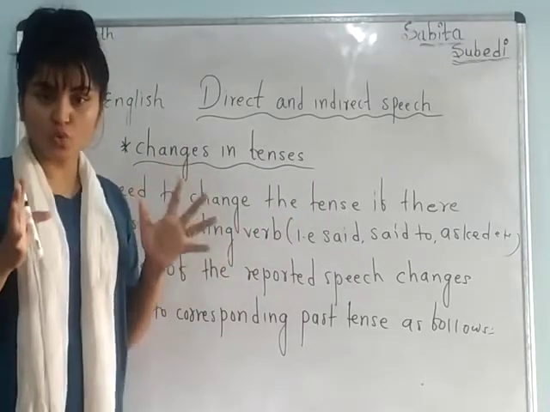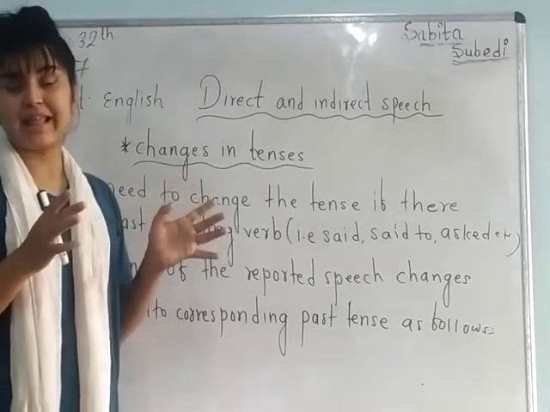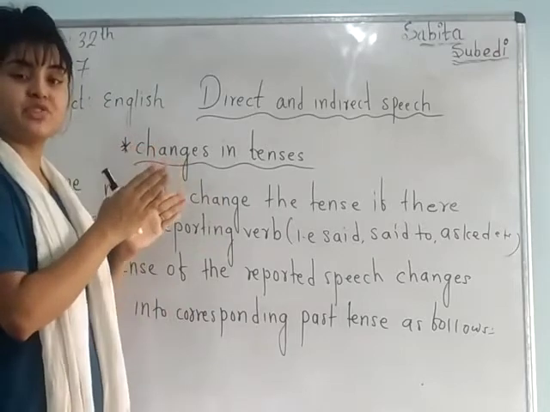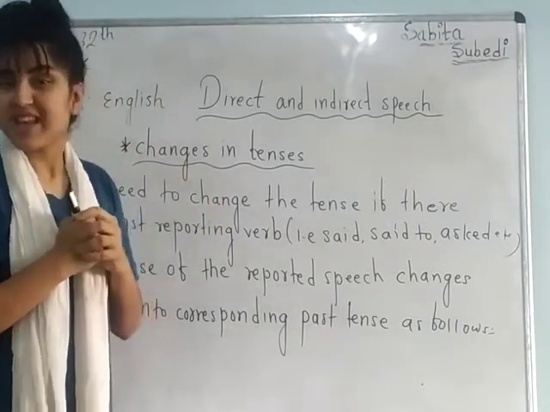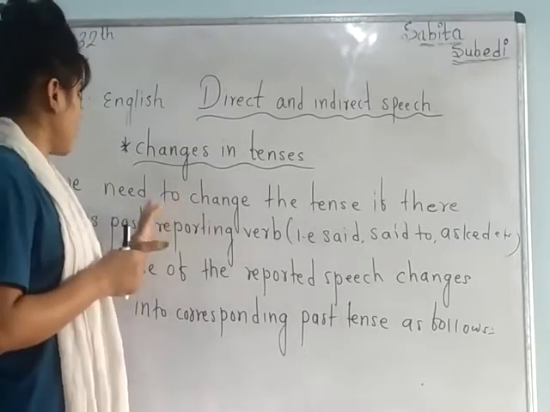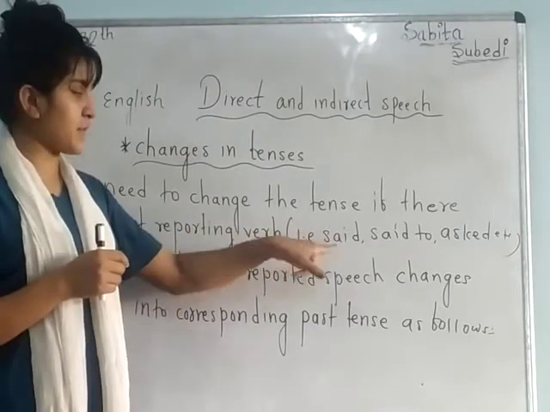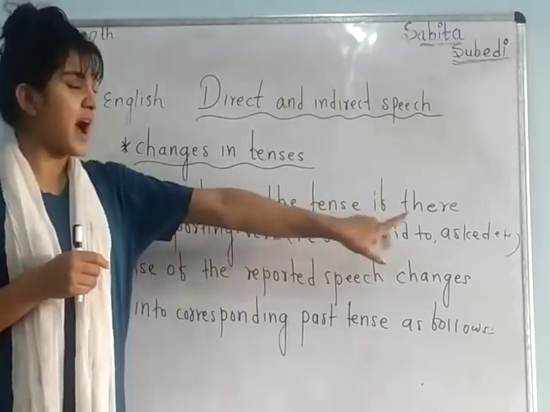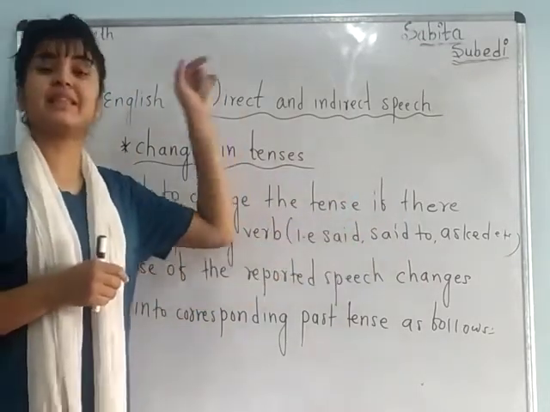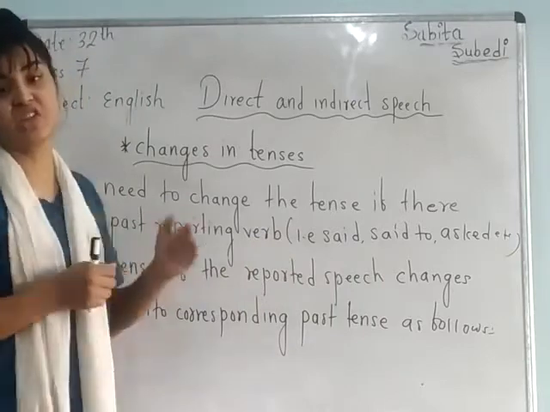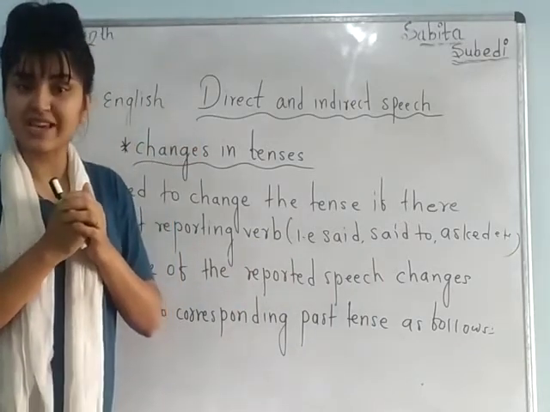I have already told you direct speech is divided into two parts: the first part is the reporting verb and the other part is the reported speech. So if there is said to or asked, in that case you have to change the tense.